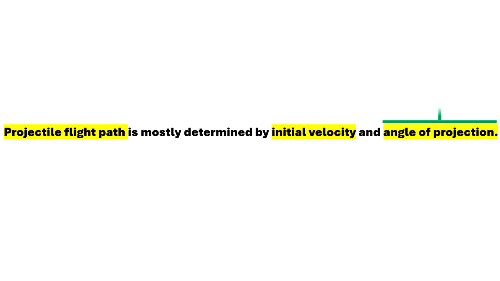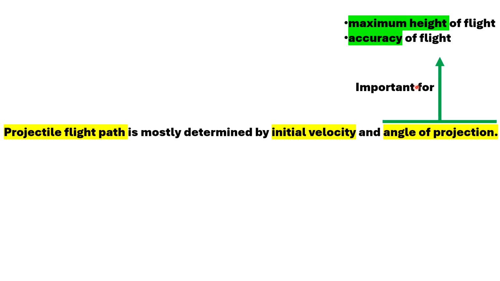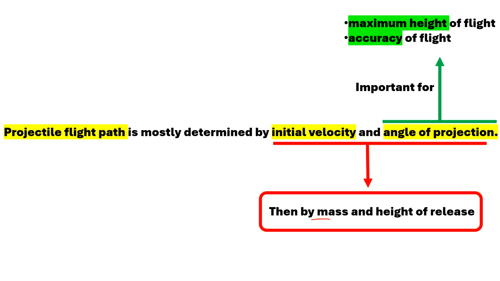Also have in mind that the angle of projection is important for the maximum height of the flight and the accuracy of it. Now, projectile flight path is mostly determined by these two, but then it's followed by the mass and the height of release, the height at which the projectile is released. Those are other factors determining projectile flight path.